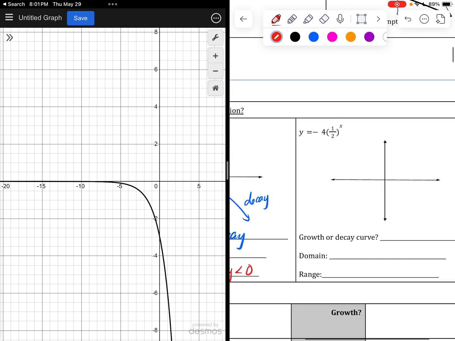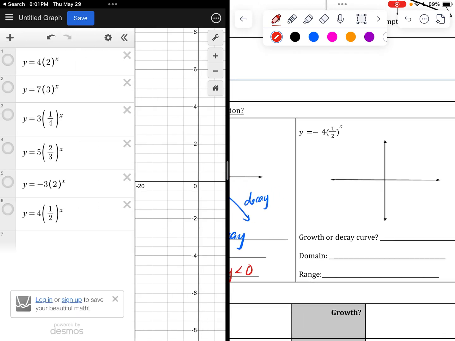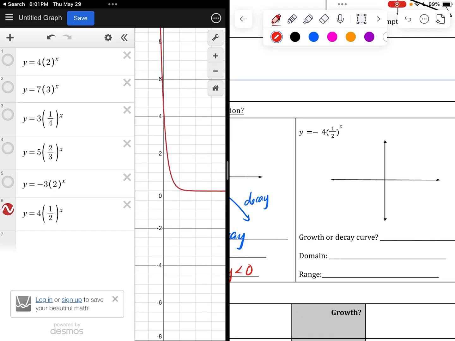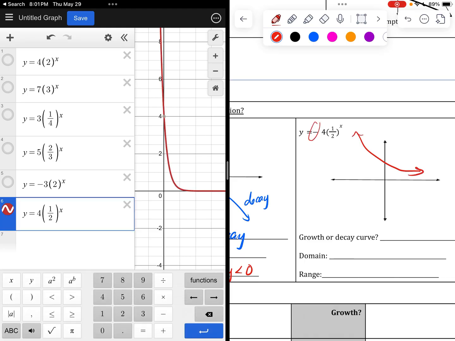We can do the same thing for this one. So I'm first of all going to graph it as if it's positive. So if it was positive, it would look like a decay curve, but it's negative. So let me put a negative in front. And we see it flips and is actually going to look like this.